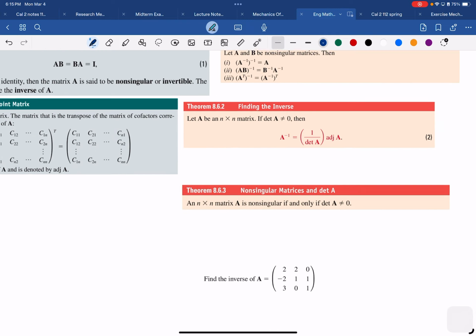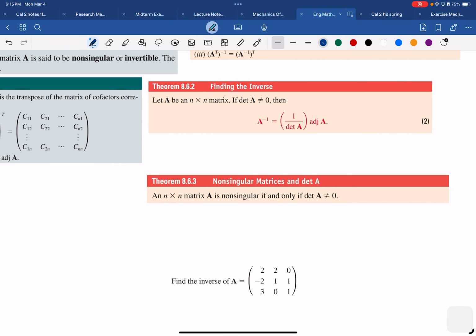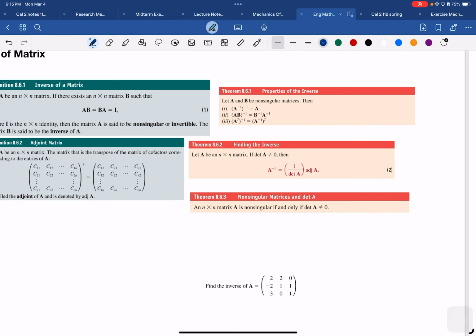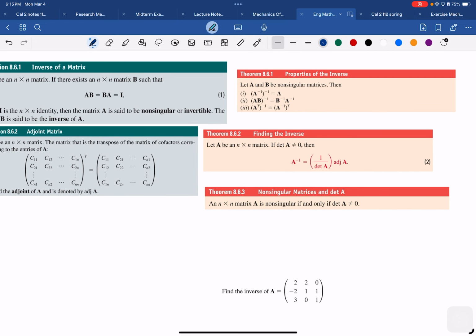Basically, if we get the determinant not 0, we can surely say that it will be non-singular, okay? But if the determinant is 0, it means it is singular, and then we cannot take the inverse.